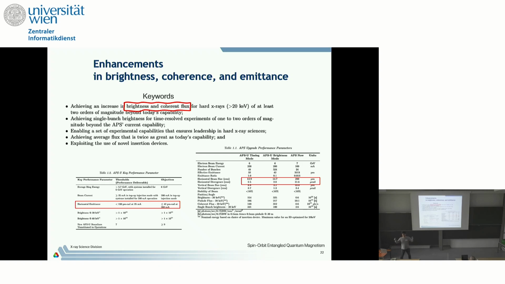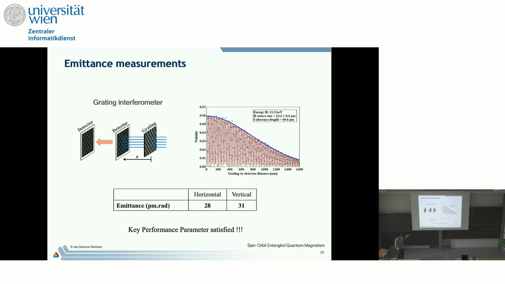Maybe people know that a synchrotron beam is usually very long horizontally and small vertically, but after the upgrade, the beam becomes more circular. So this is some measurement of emittance and also coherence length.